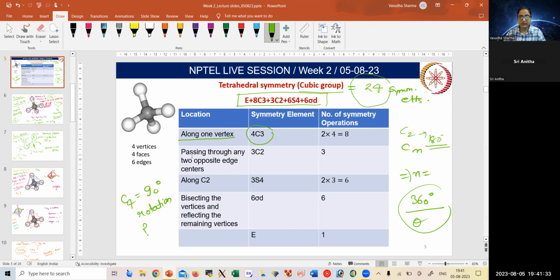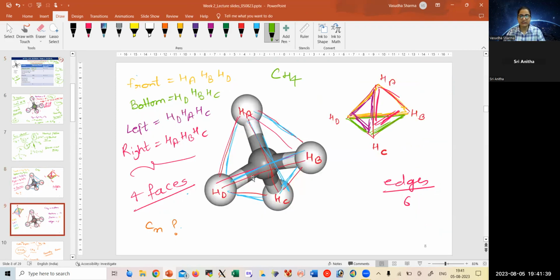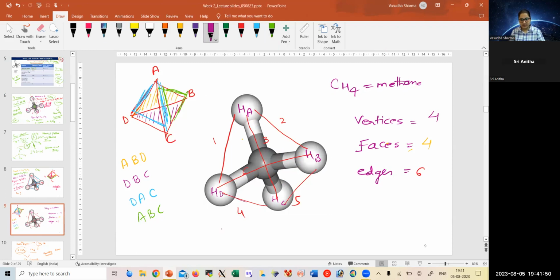Now, we know that it is written over here, it is passing through the centers of opposite edges. So firstly, we need to understand how many edges are there. As I told you, there are 6 edges. If I am having one C2, this is one edge, which I am highlighting here with this pen. This is the opposite edge to it, like edge 4 is opposite to edge 2. And this is my C2.